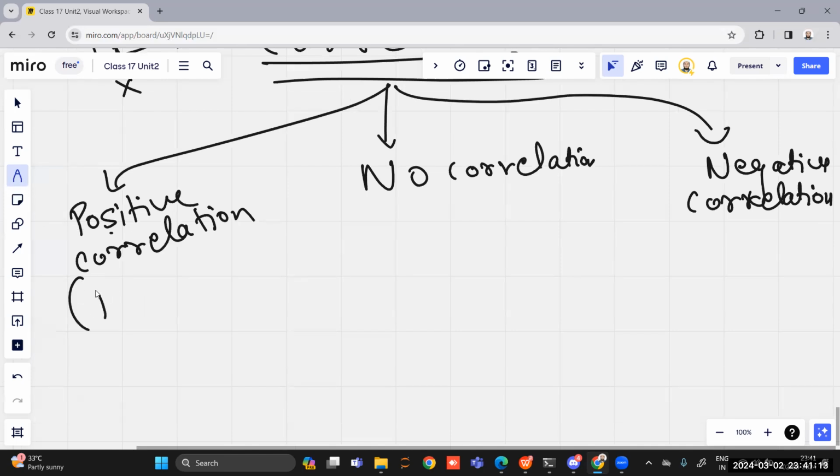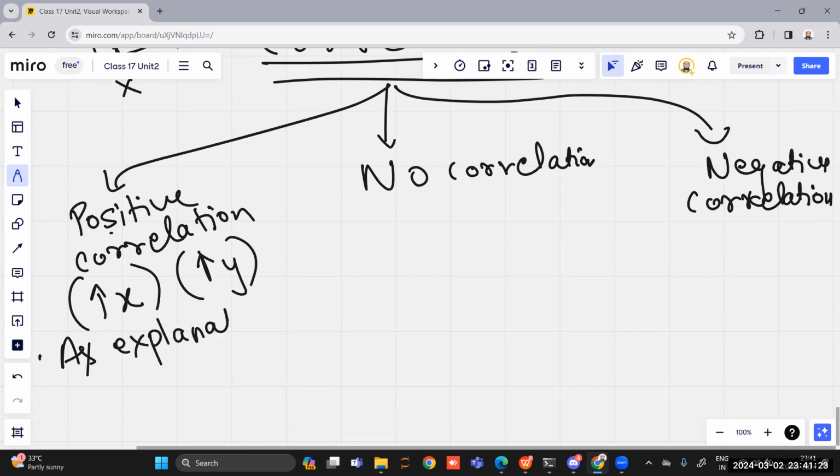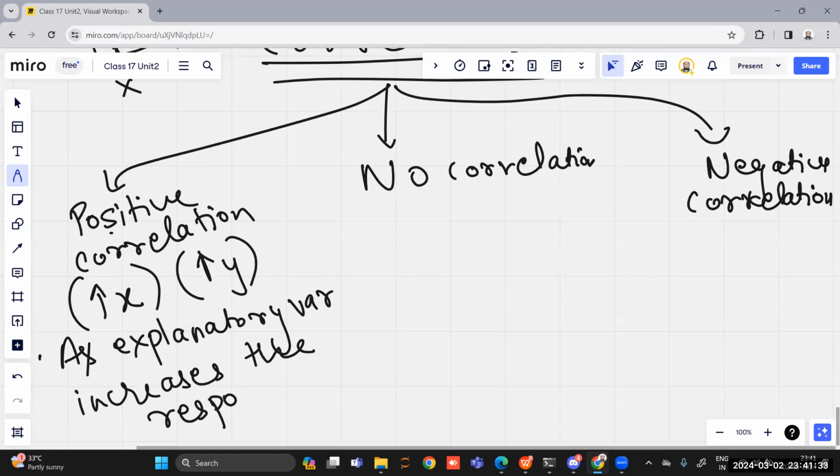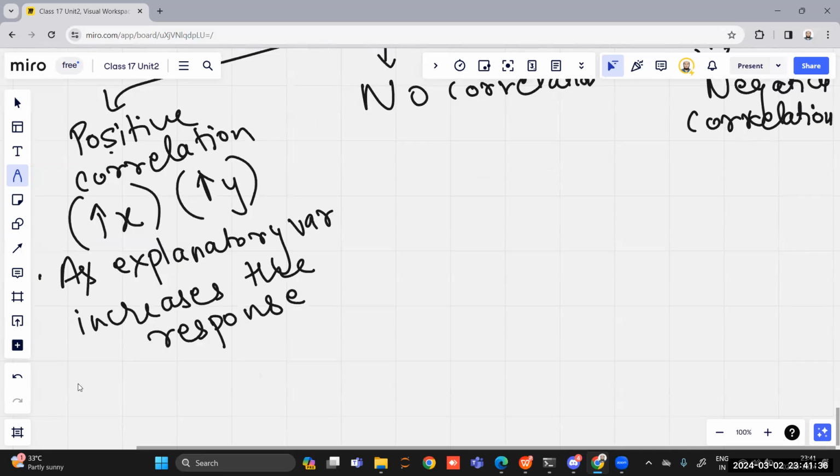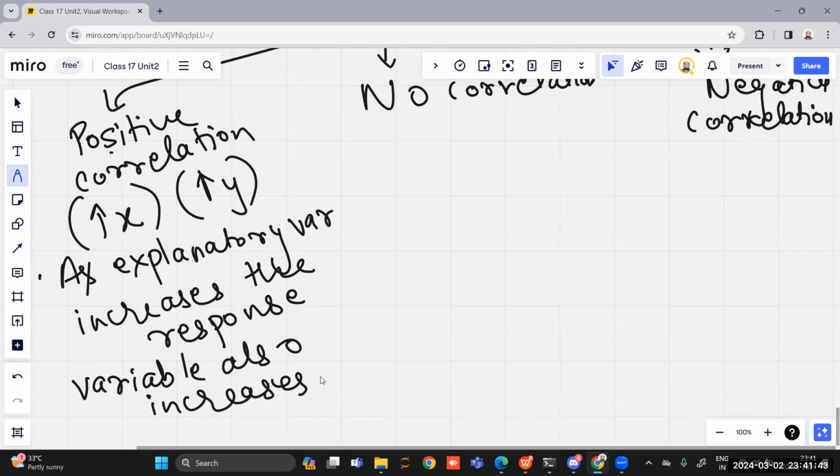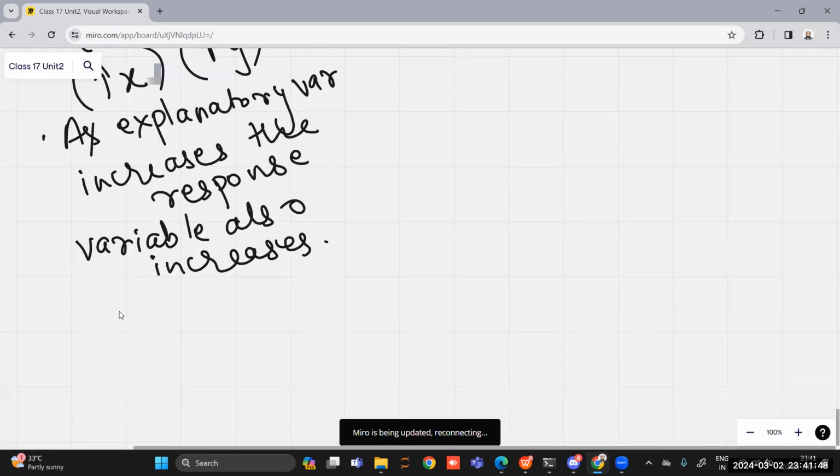As x increases, meaning as the explanatory variable increases, the response variable also increases. That's positive correlation.